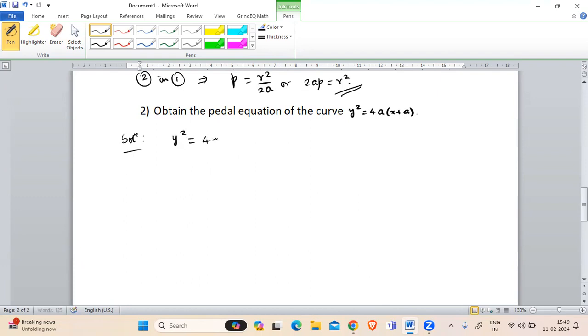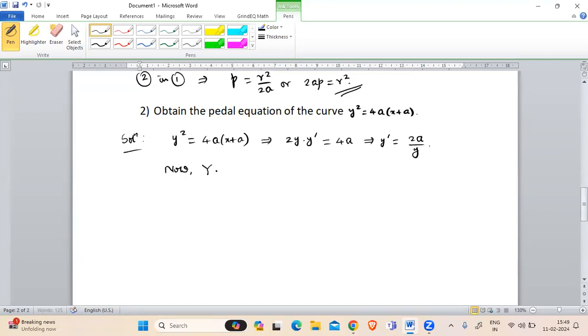Differentiating y square equals 4a into x plus a gives us 2y into y dash equals, on the right hand side, simply 4a into 1, because the differentiation of x is 1 and the differentiation of a is 0, which effectively tells us that y dash equals 2a divided by y.